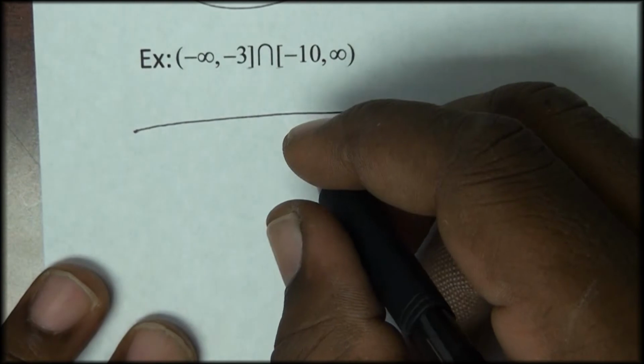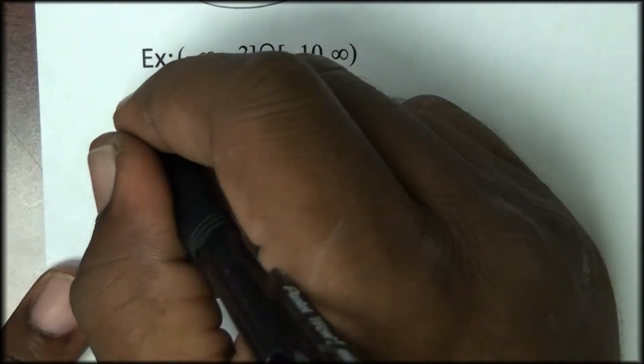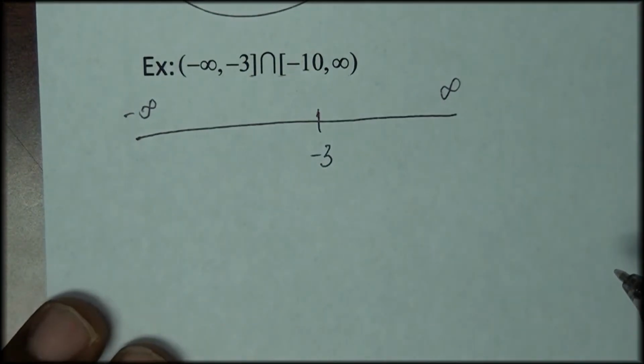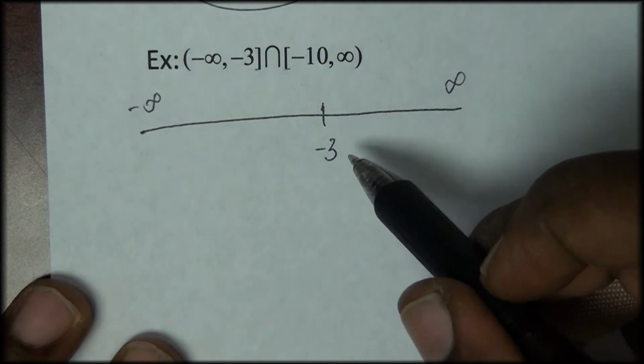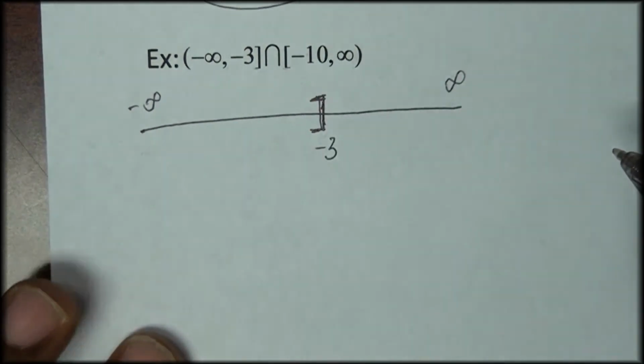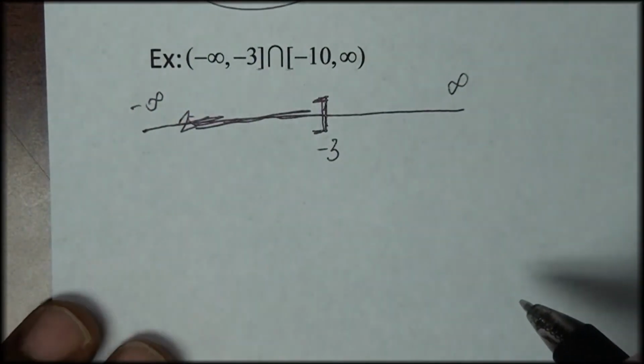For our first graph, we'll center it at about -3. We'll put -infinity to the left, +infinity to the right. At -3, our symbol is a bracket that faces the left. Our line extends toward the left.